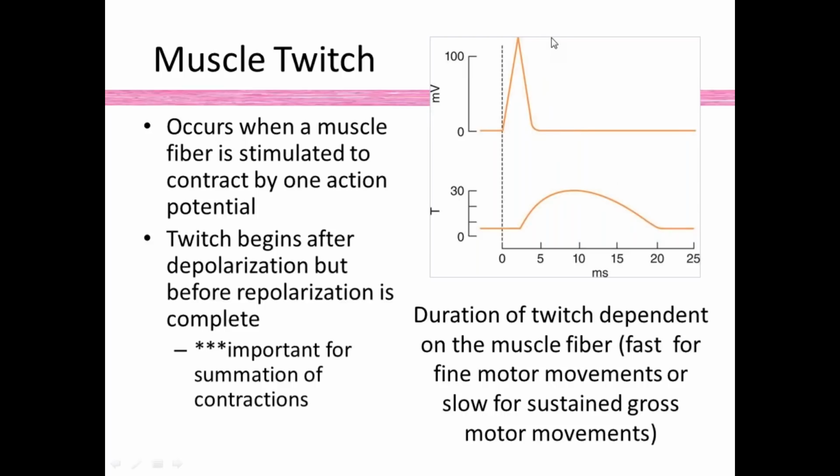If you send another twitch, and then another twitch, you will not just keep the status quo. You're not going to get a nice plateau at that point. You're actually going to start to see summation, where we got to this point in our graph, and now you're sending another action potential, so we'll see another spike. And if there's another action potential coming through, there will be another hit.